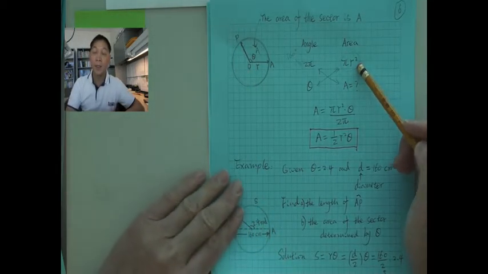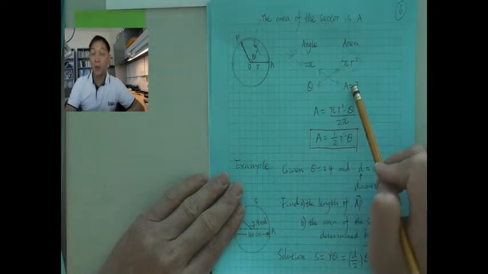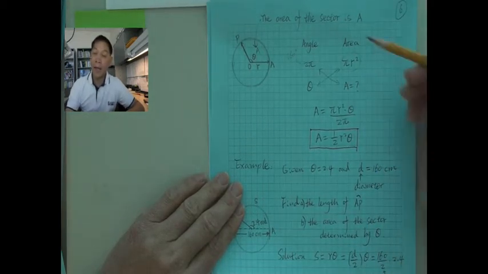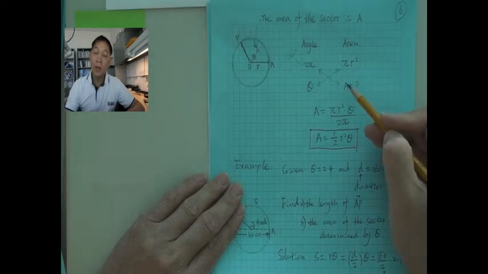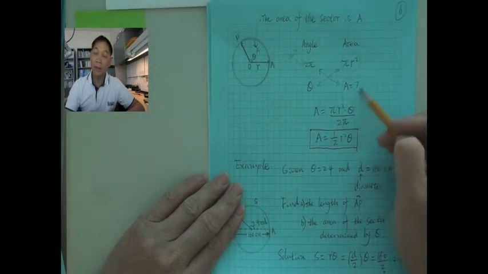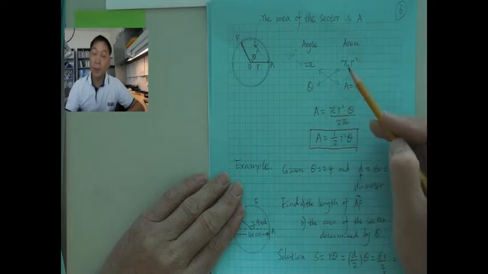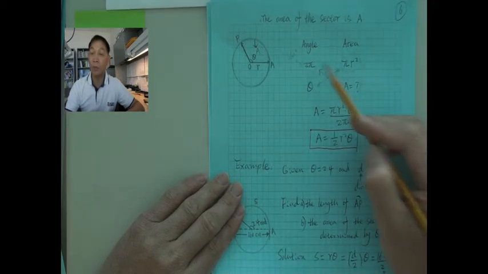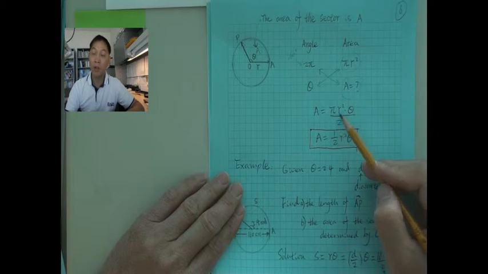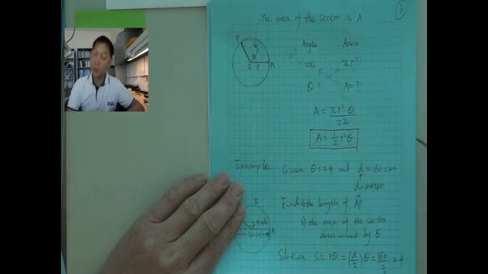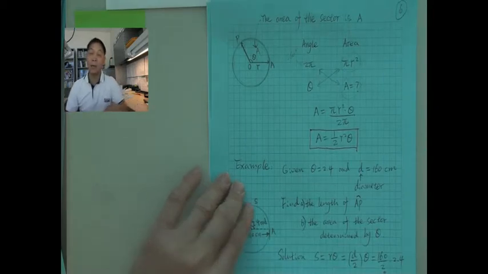Again, this one we can use the cross multiplication. Okay? How are we going to find out A? A equals theta times pi r squared divided by 2 pi. So pi r squared times theta divided by 2 pi. It always works. Okay?